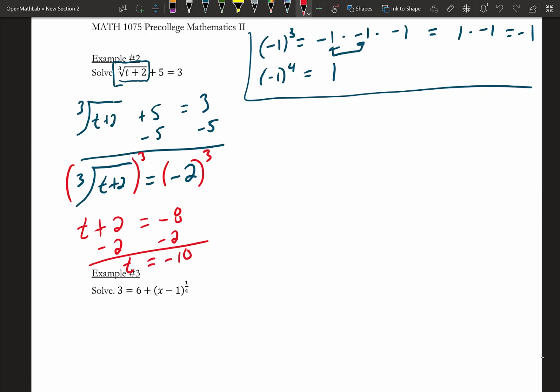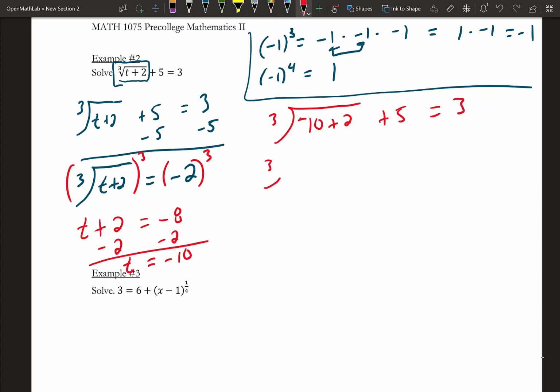Since this is an odd index, I don't have to check to see if the solution works necessarily, but it doesn't hurt to check. So if we have the cube root of negative 10 plus 2, plus 5, does that equal 3?